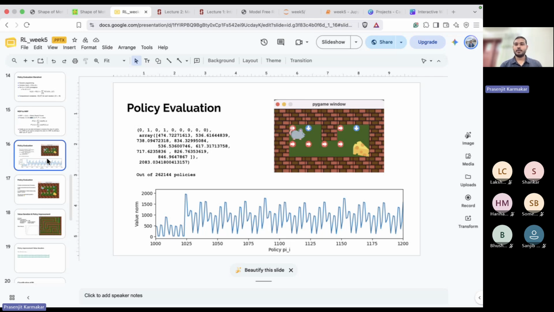Even if my environment grows by three more states, it becomes four times more computation. So we can solve a small environment with this knowledge of evaluation, but we cannot scale it to a larger environment because the number of policies would grow exponentially.